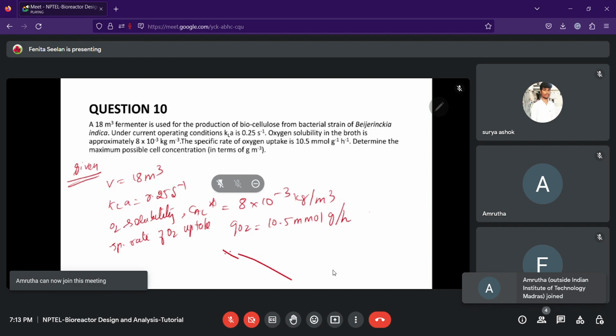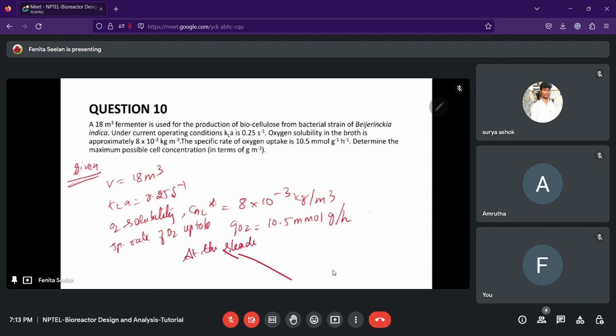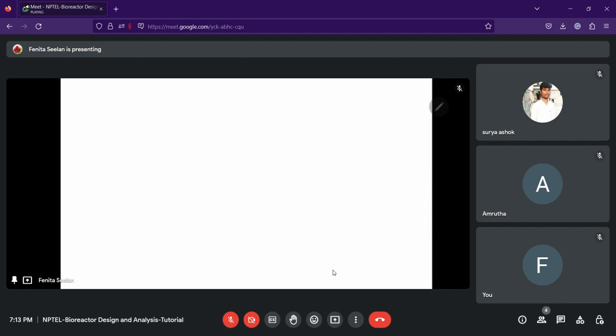We'll start with the steady state. What would be the equation? Your uptake into your KLA.